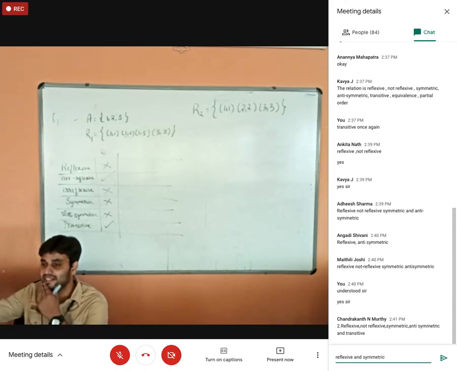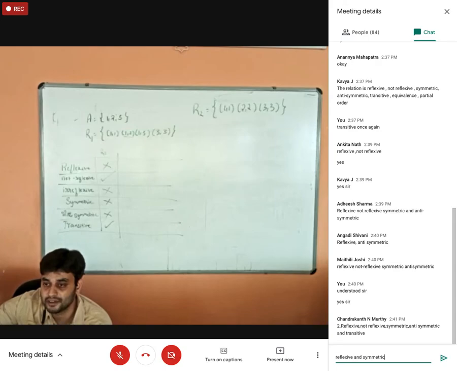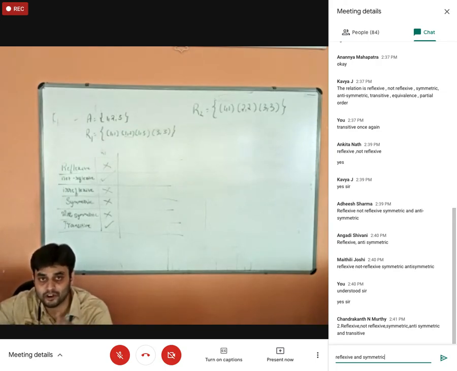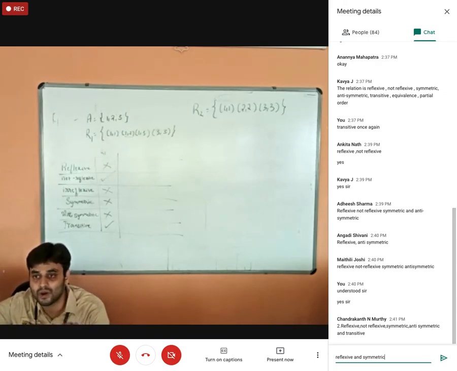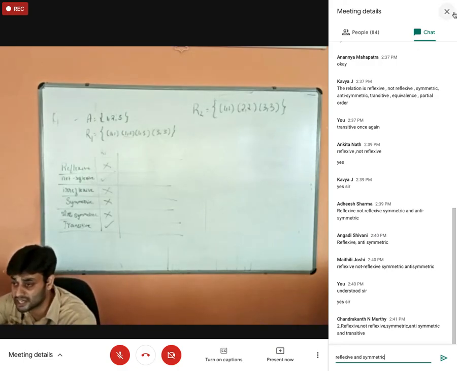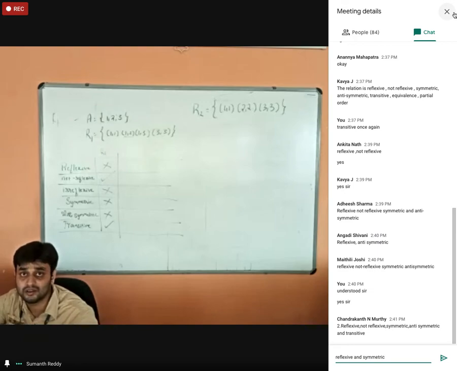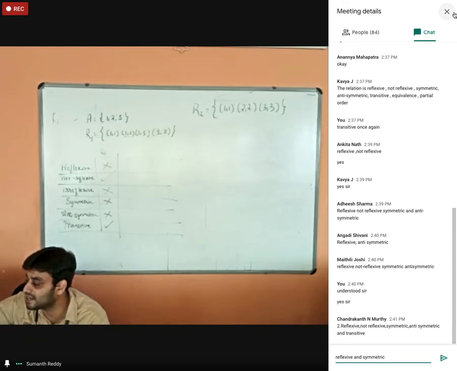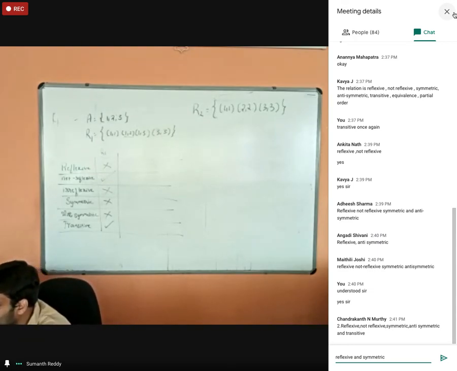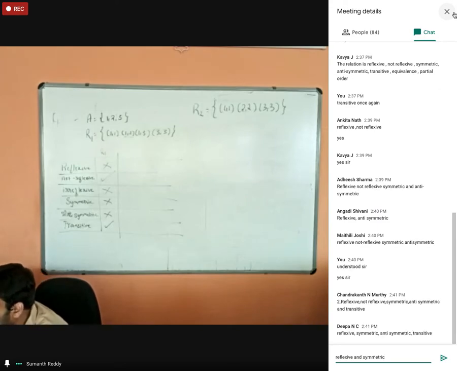Actually, I think I have not made clear the definition that I gave for not reflexive. I told that at least one element must be related to itself, yes, at least one must be related, but not all. If all are related, then it won't be not reflexive. It will be reflexive only. I think that point I didn't tell. It's okay. So it's reflexive, symmetric, antisymmetric, and transitive. Very good.